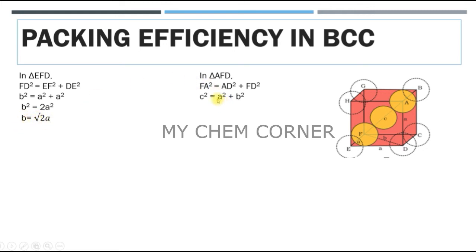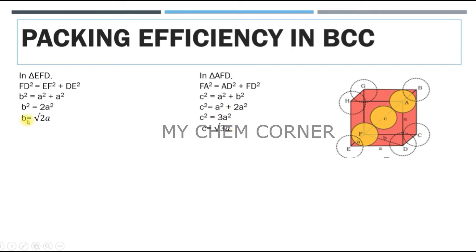So instead of having B, we can just substitute this entire value. So when we do that, we will get C square is equal to A square plus 2A square. When we put the value here, the root will get cancelled. You get 2A square. 2A square plus A square is equal to 3A square. So here when we write the C value, this will become root 3A.